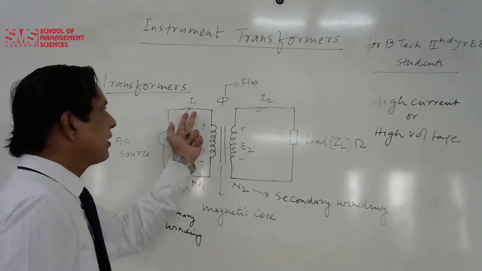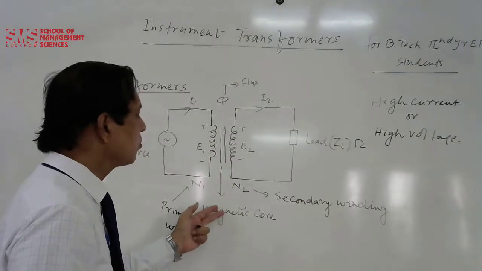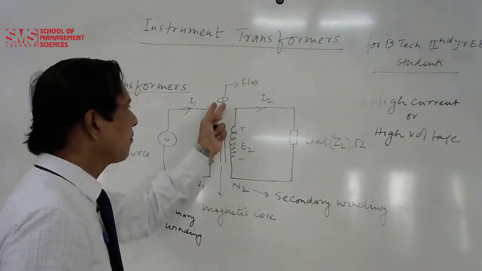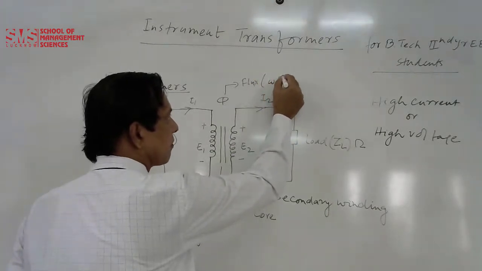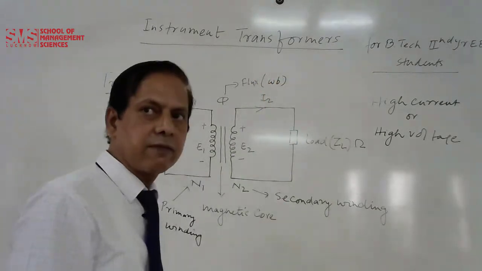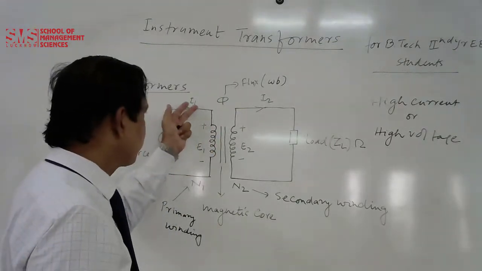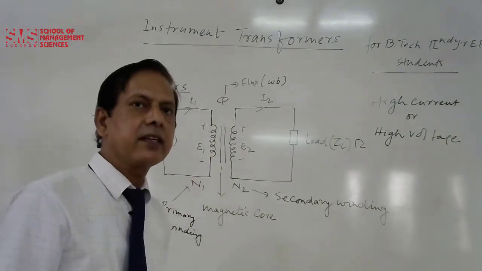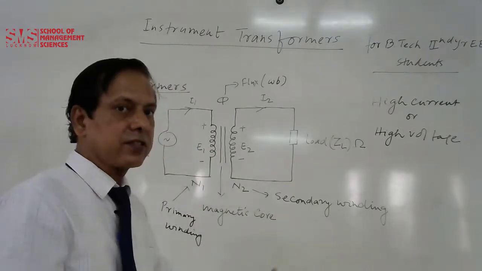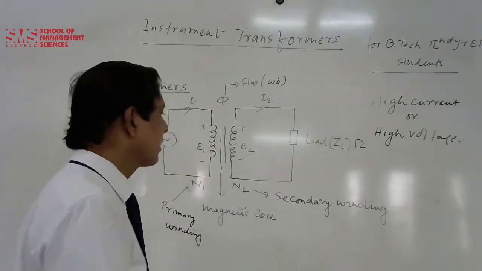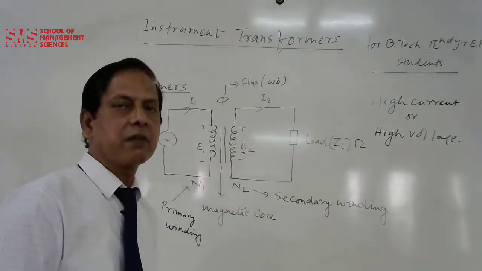The primary current is here I1. The secondary current is I2. The flux passing through the core is say phi. So I've written here flux. It is given in terms of Weber. Weber is the SI unit of flux. Now, whenever primary current I1 flows through the primary winding, there is an induction due to the changing flux in the core, and this changing flux cuts the secondary winding to produce the secondary EMF E2.